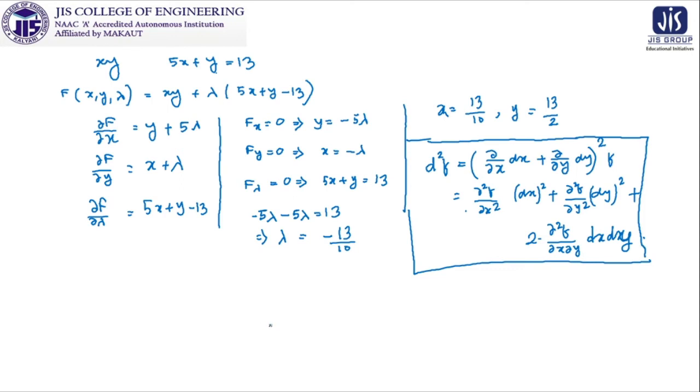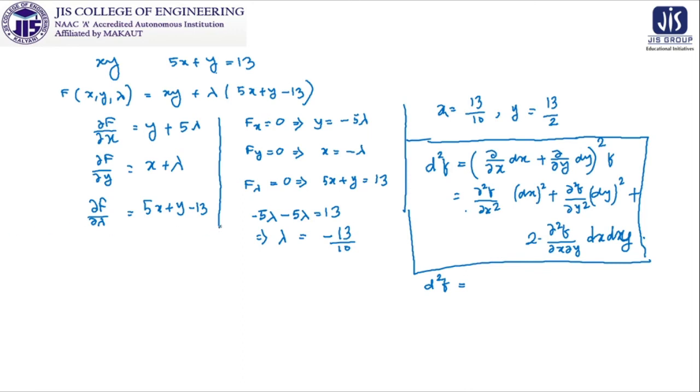So what we will do, we will find out the D2F for our specific problem. Del 2F del x2 we need, del 2F del y2 we need, and del 2F del x del y we need.